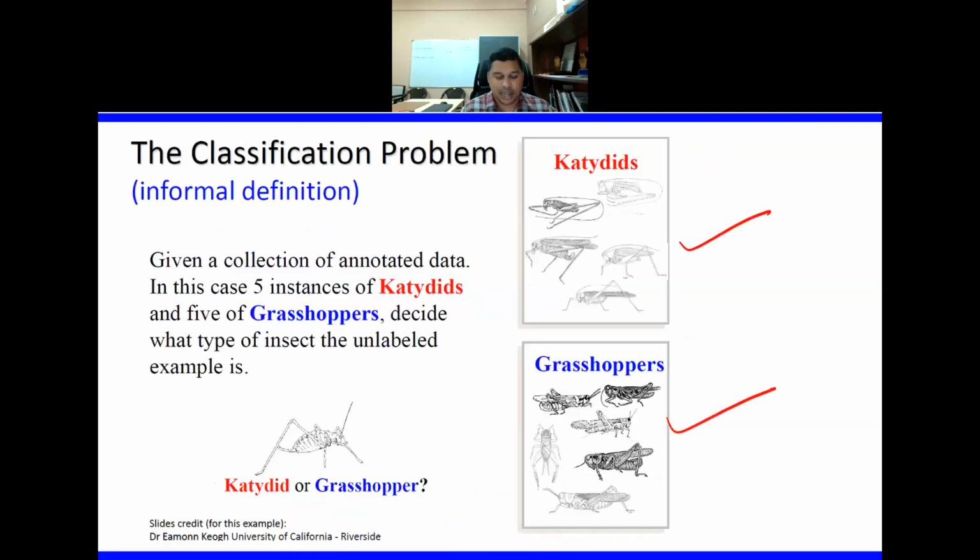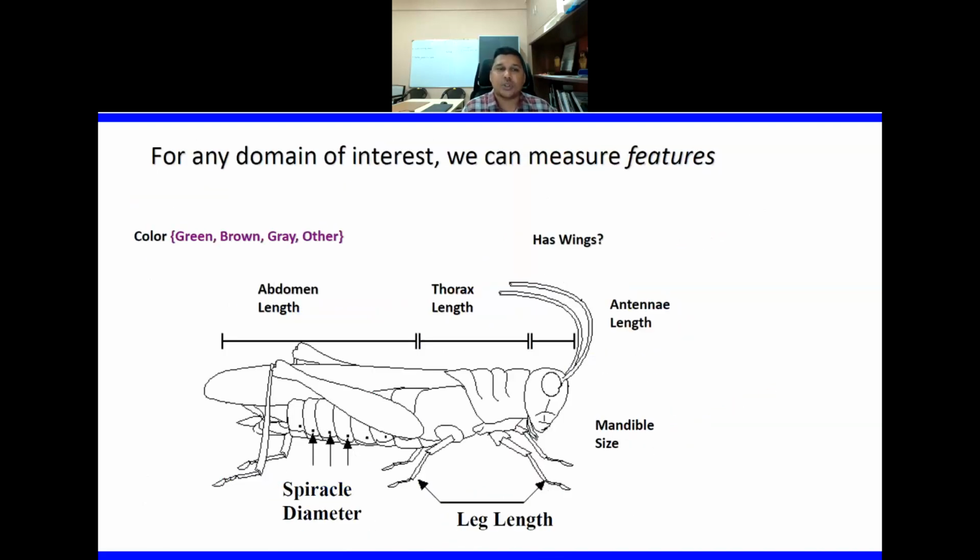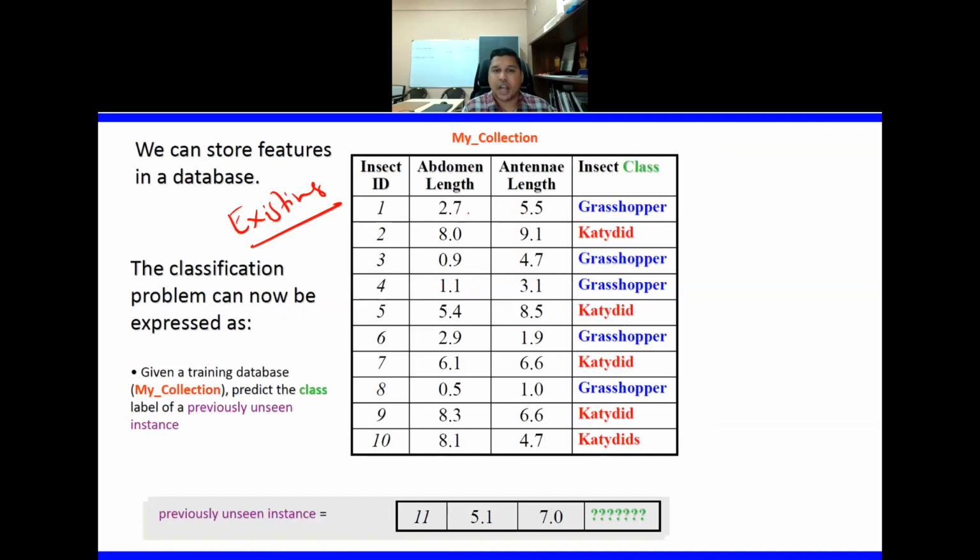Now, I am taking only two such features, abdomen length and antenna length. These two are sufficient. We have already studied how to consider important features. So abdomen length and antenna length.